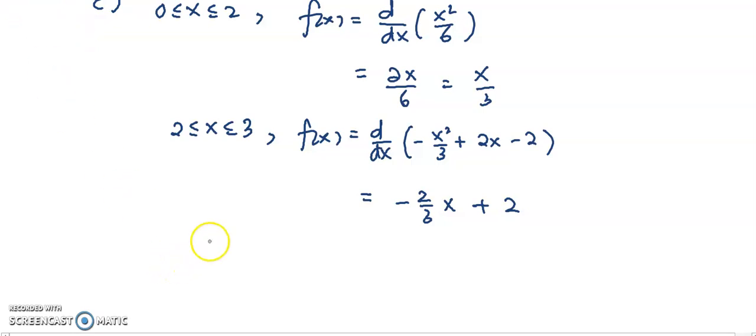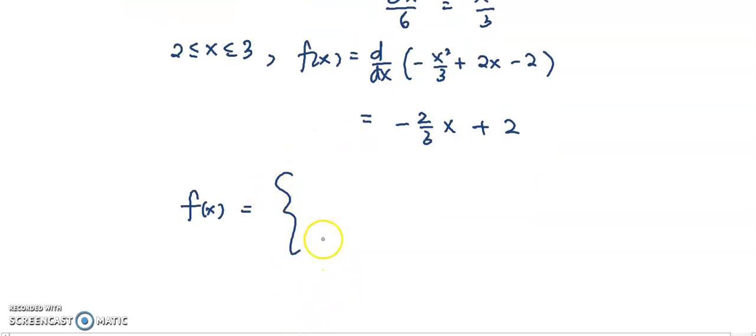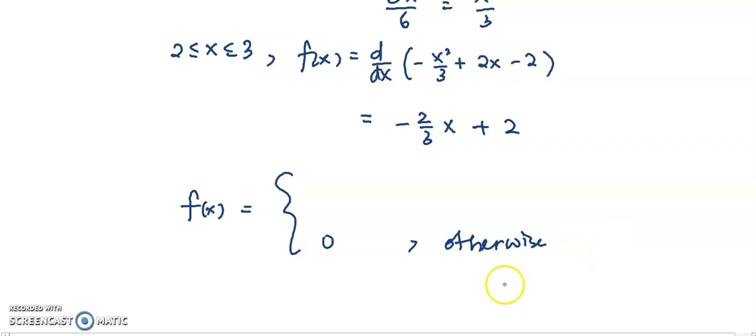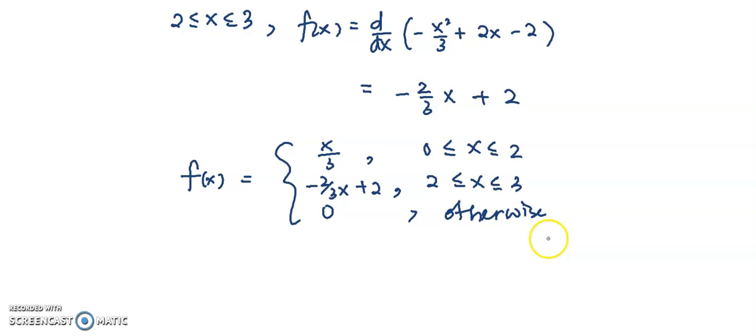So when we write the complete form of the probability density function, we should have 3 lines. The last line should be 0 otherwise, meaning that other than these two intervals, all the intervals have f(x) equals 0. Okay, so this is our f(x), the complete form of the probability density function.